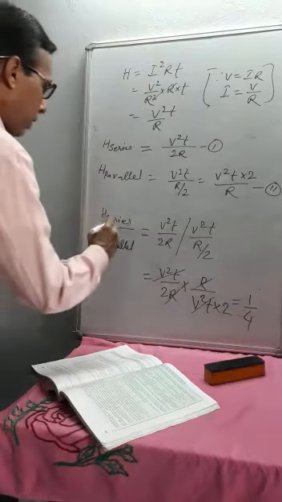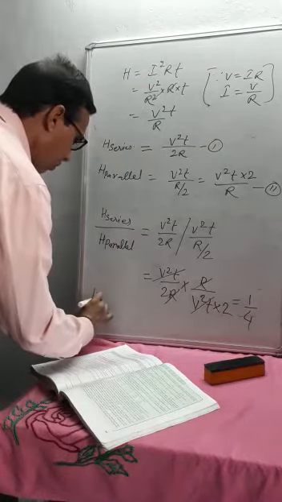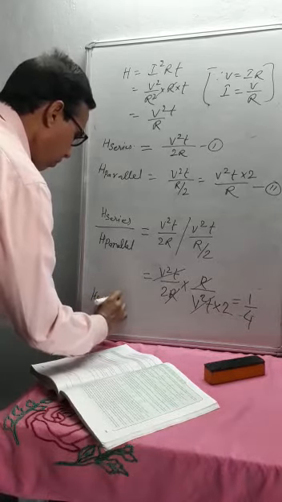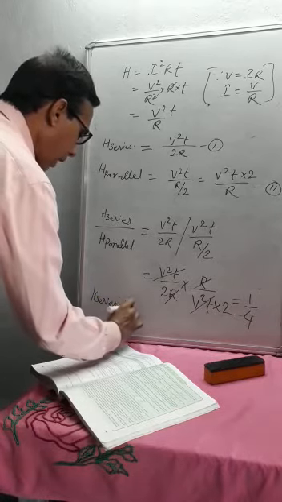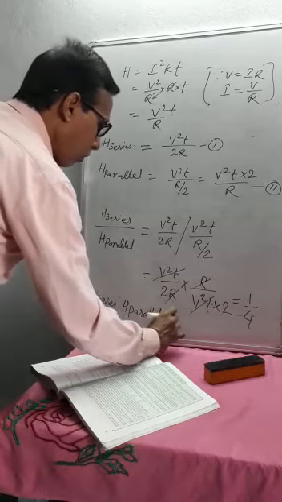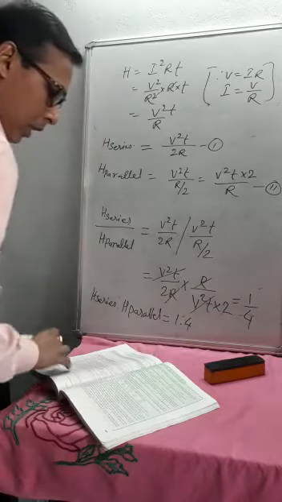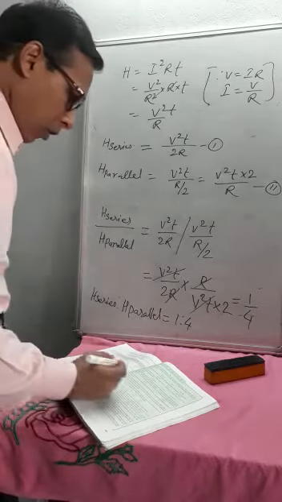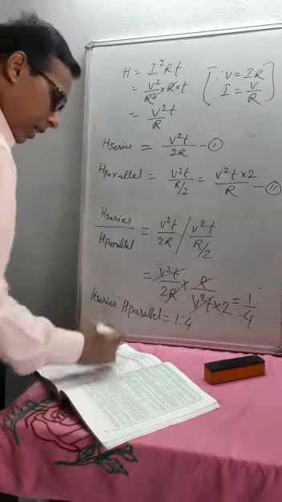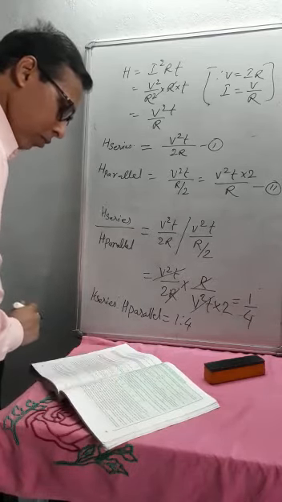So what is the ratio? H series to H parallel is equal to 1:4. So option C is correct in question number 4 of your NCERT book.